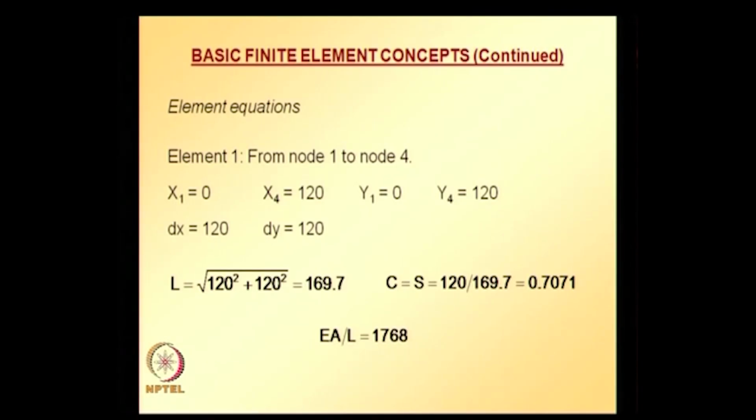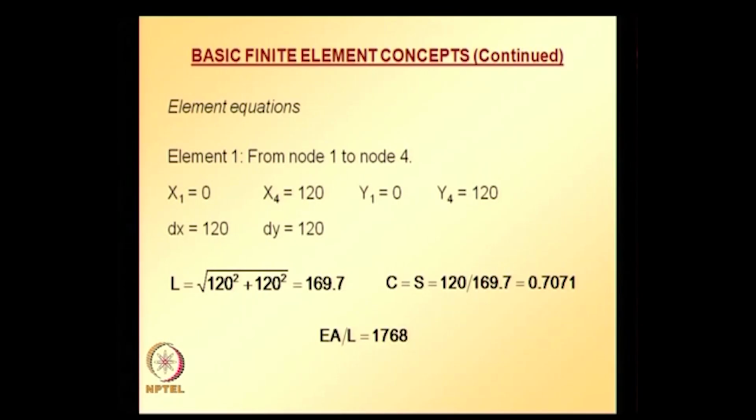Once we have these values, we can find dx, which is nothing but x4 minus x1, and dy, which is y4 minus y1. All the quantities here are given in inches, because the dimensions are given in inches and feet, and feet is converted into inches.